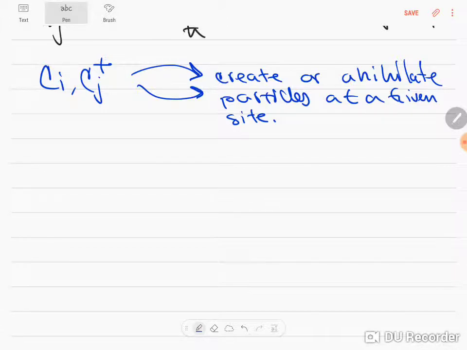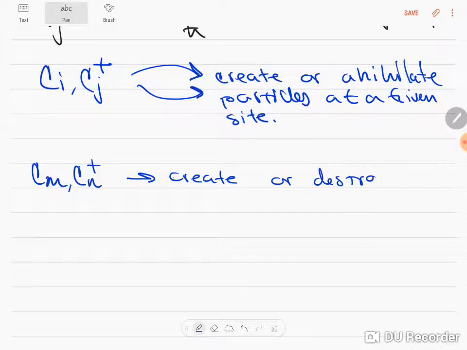This tells us that operators cm and cn dagger will create or destroy fermions.